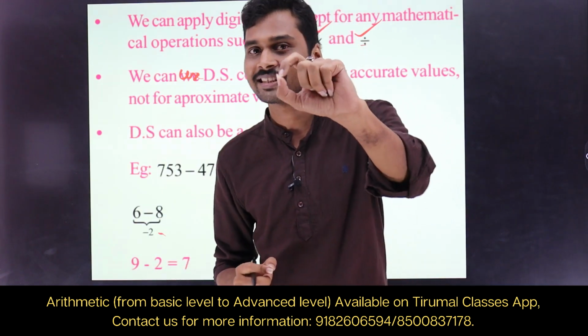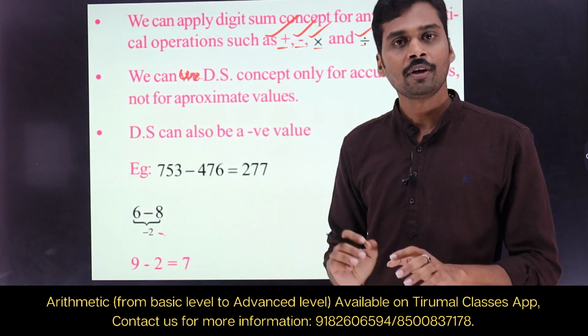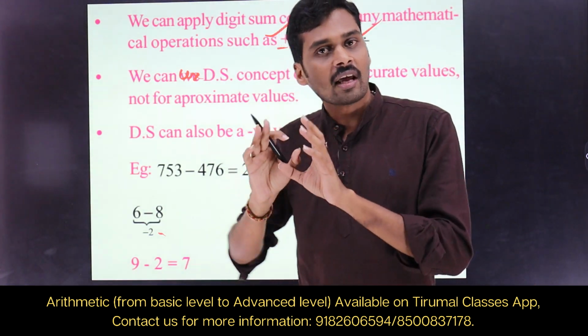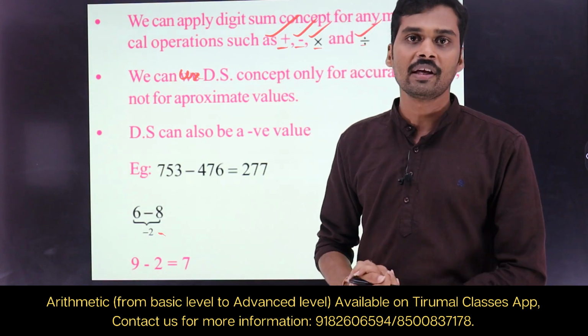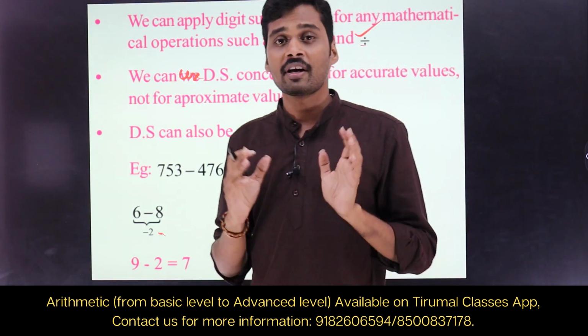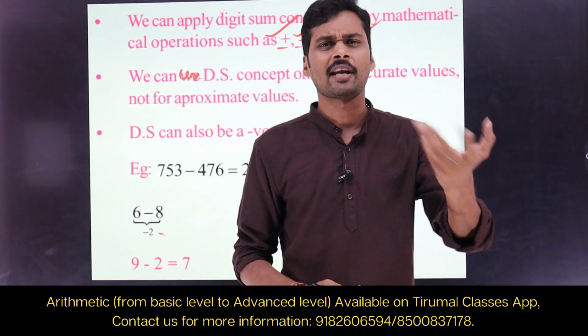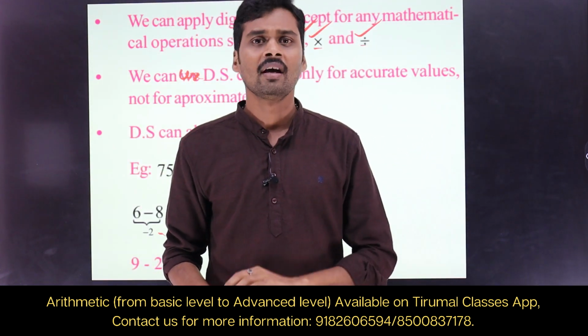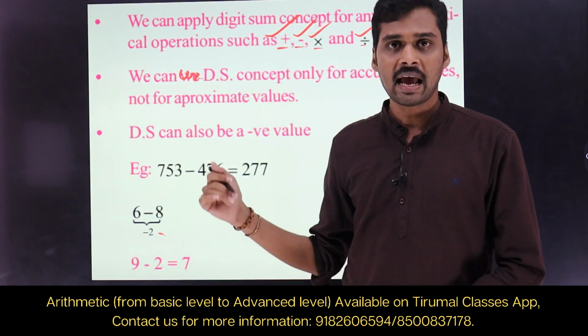When you are given such questions, we should not apply this concept. We can use this concept only for exact values. Of course, in our exams, 90% of the problems have exact values and only 10% have approximate values.